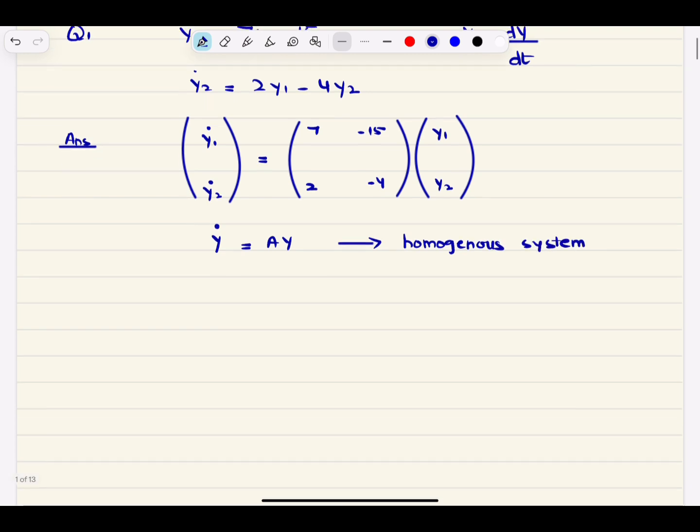The eigenvalues basically satisfy this: AV equals lambda V, where V is known as an eigenvector that corresponds to the eigenvalue lambda.